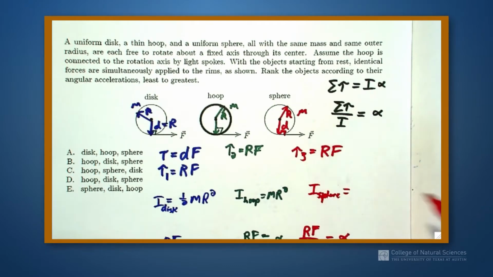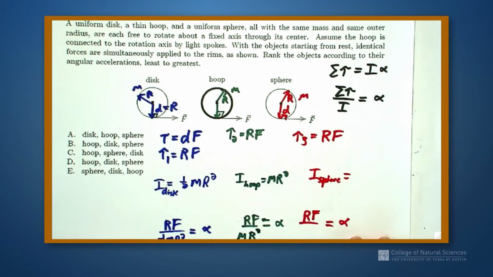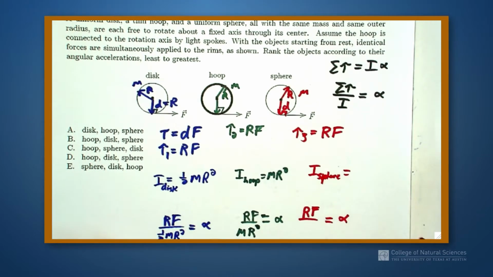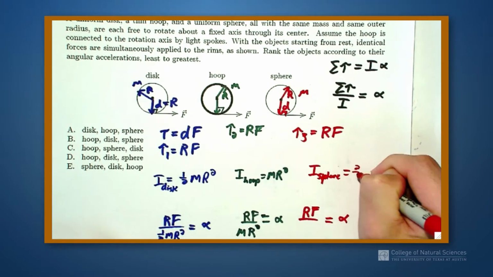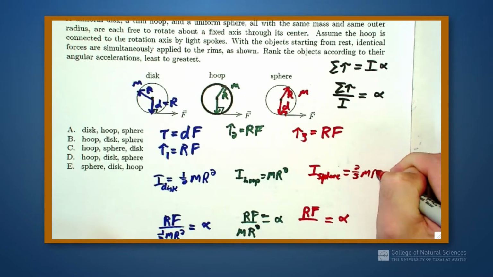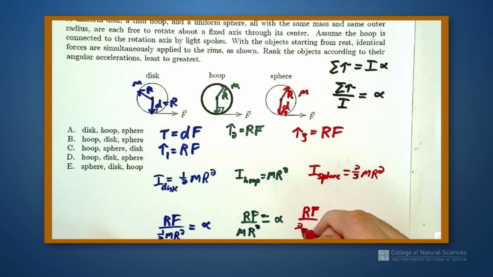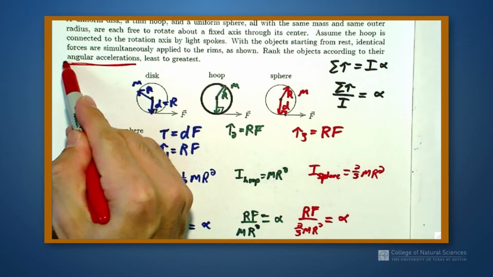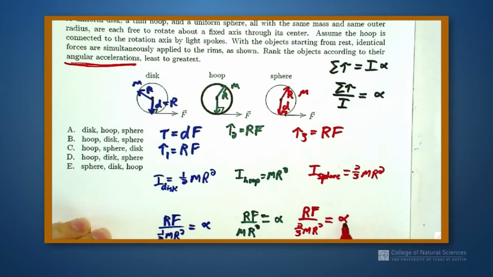The moment of inertia of a sphere, just realized I'm not letting you see this stuff, is 2/5 m r squared. So we want to rank these in order from least to greatest angular acceleration. Whichever has the largest angular acceleration is going to win.